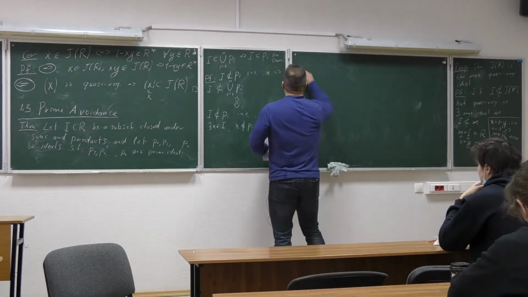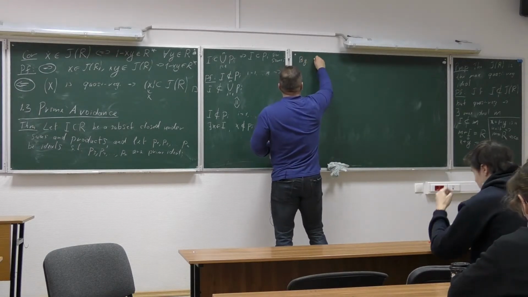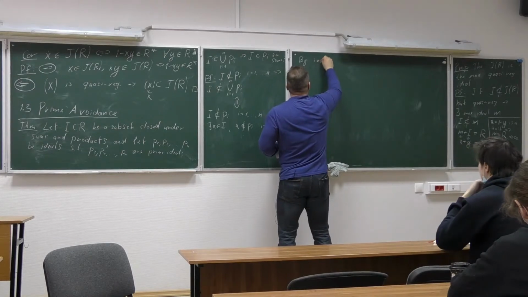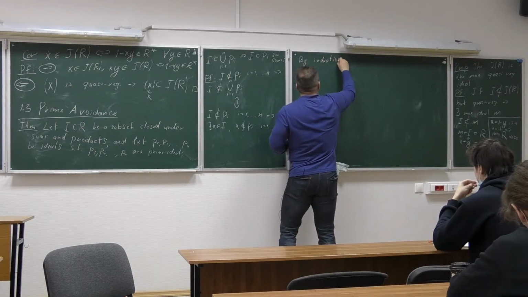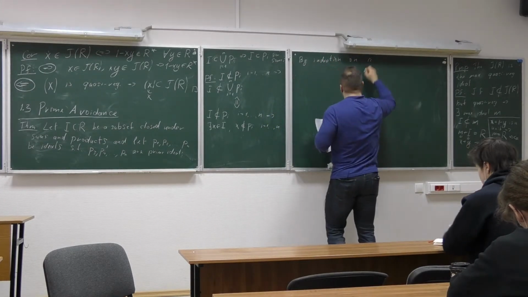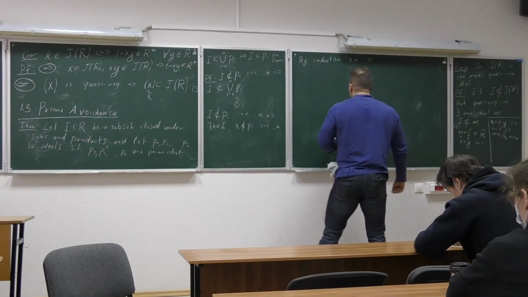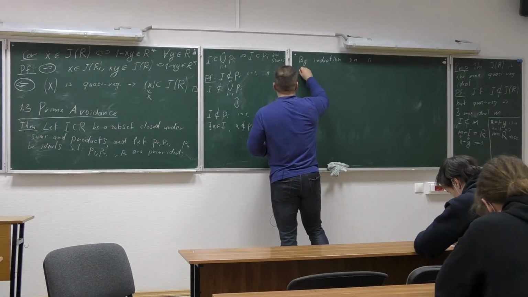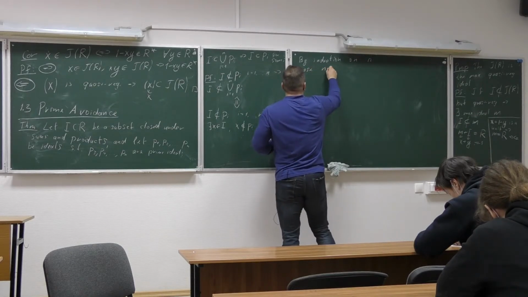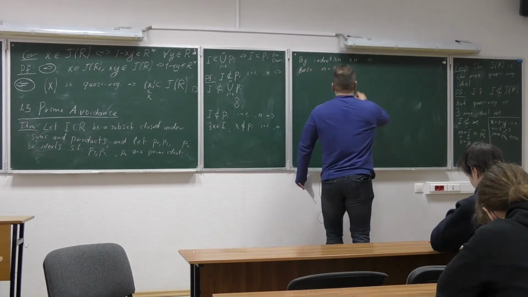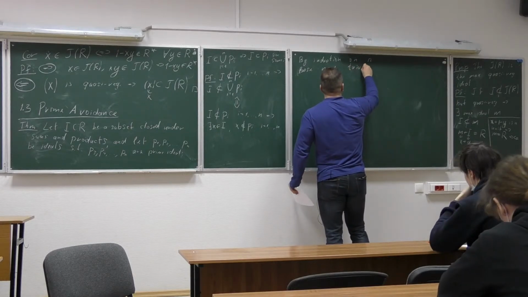Okay, so now by induction on the number of these ideals P, so the number n. Of course the base of the induction, when n is equal to 1, is a completely trivial case.